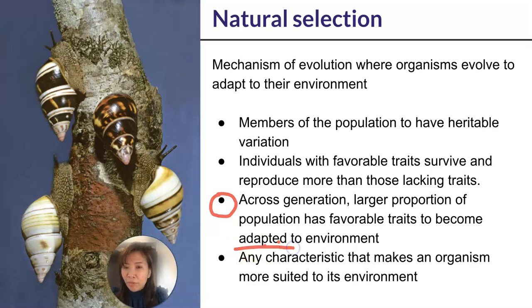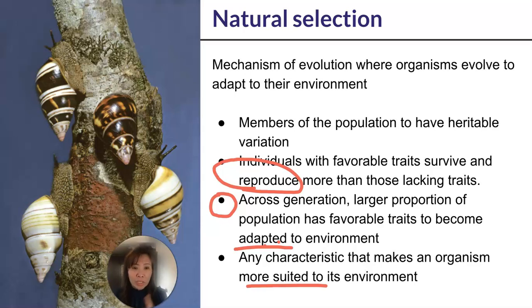It's because of these characteristics that these organisms are more suited for their environment, and because they're more suited for their environment, they're able to reproduce better. So they'll be better able to pass on these traits to offspring.